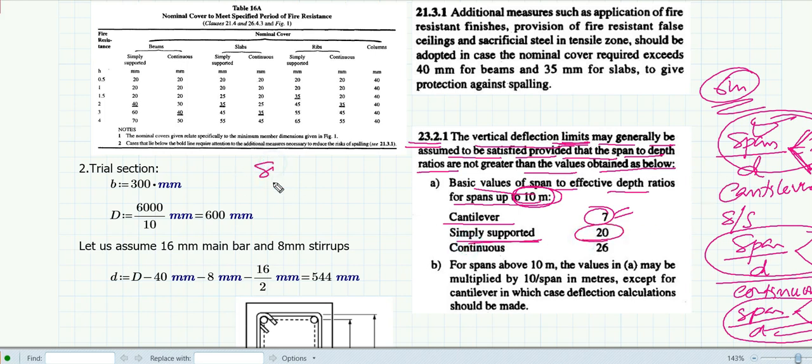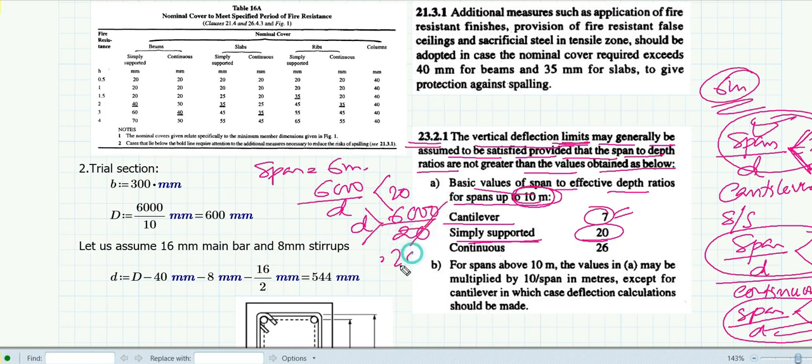The span is 6 meters for us, so 6000 divided by d should be less than 20. Or you can say d should be greater than 6000 by 20, which gives 300 mm. So d should be more than 300 mm. For our case we are using 600 mm.